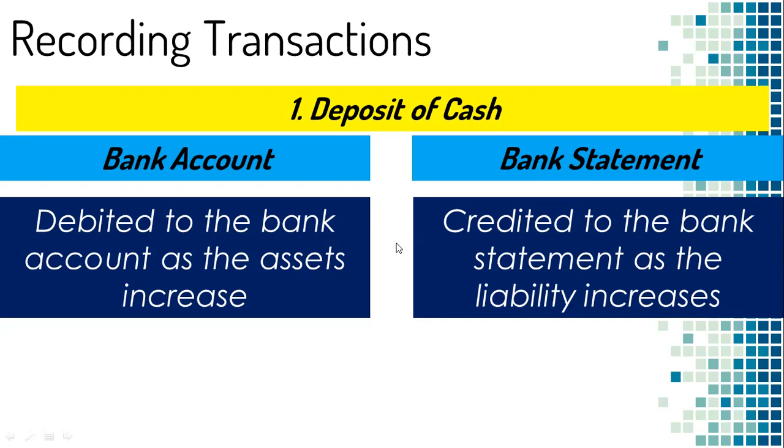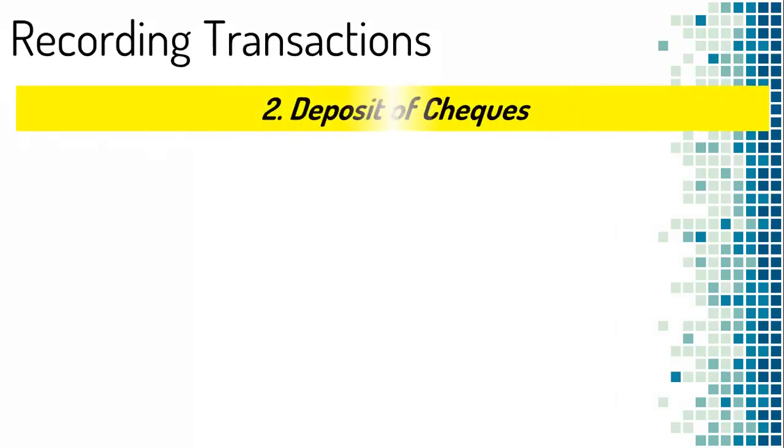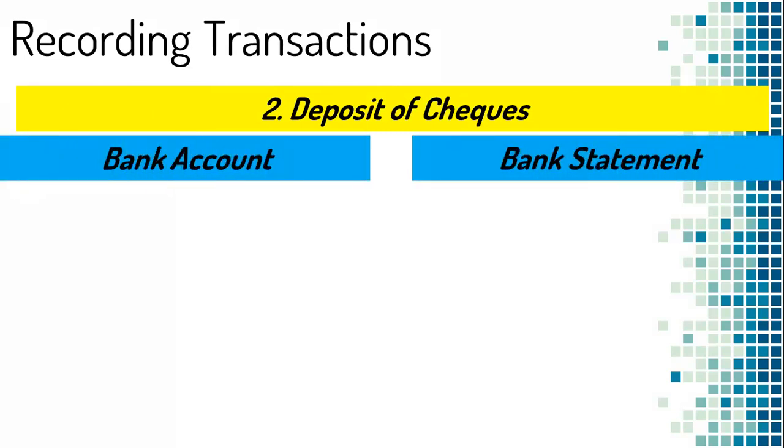Right. The next one, second point, deposit of checks. Now I'm going to teach you how we have to update the deposit of checks in the bank account and in the bank statement. Same thing.